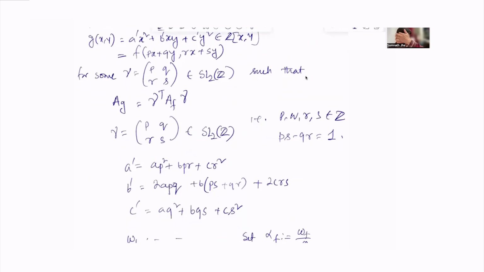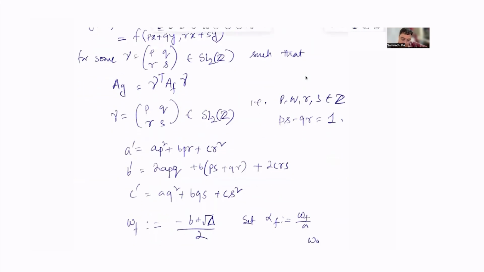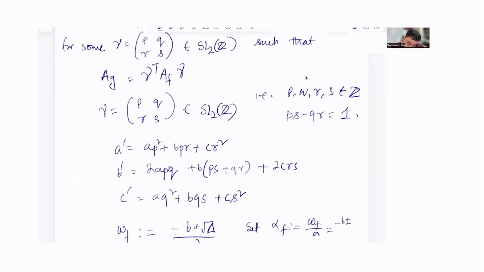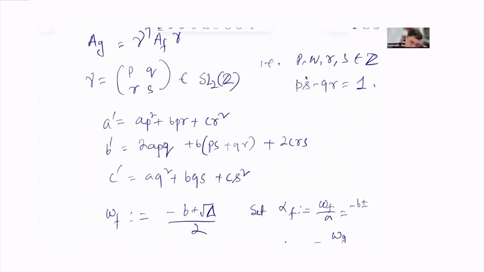And omega F is minus B plus root delta by 2, and you set alpha F as omega F by A, okay? So minus B plus root of B square minus 4AC by 2A.